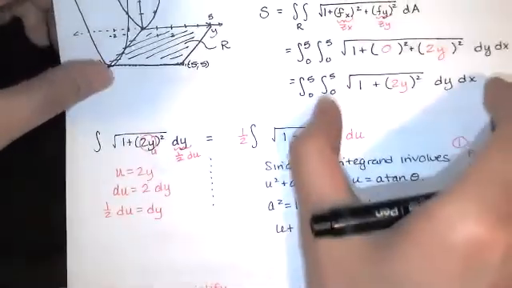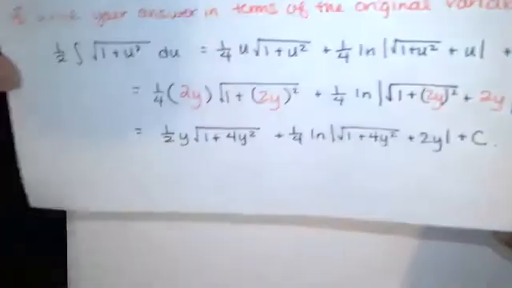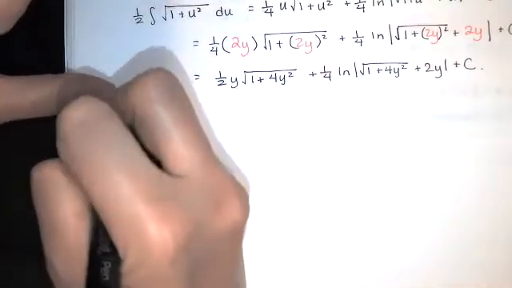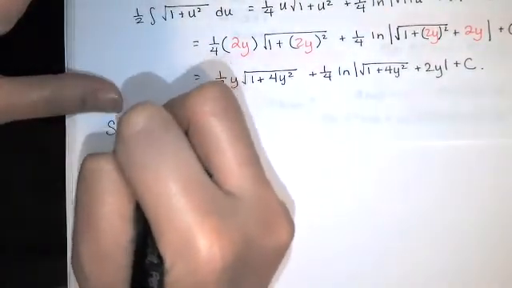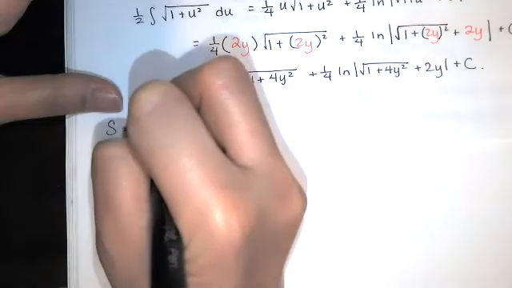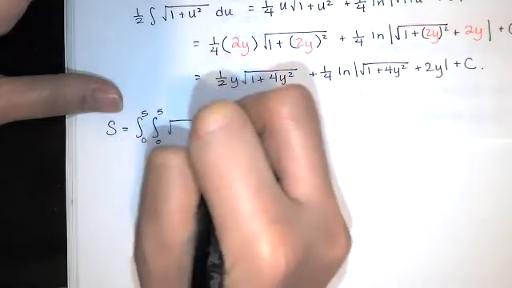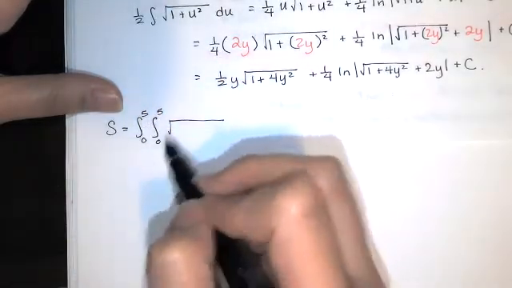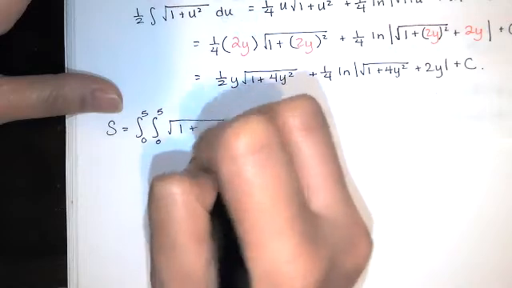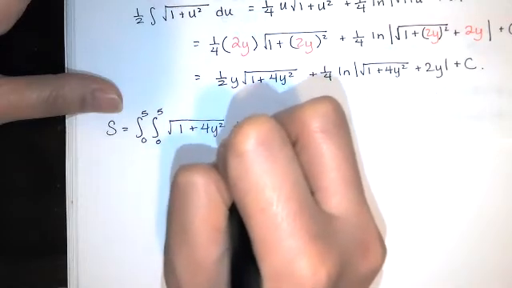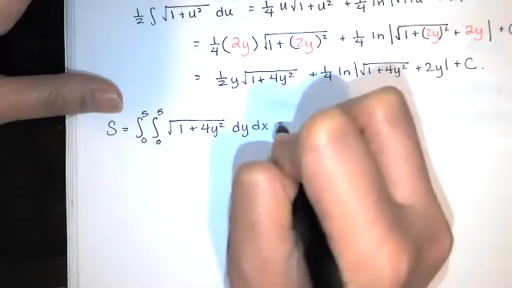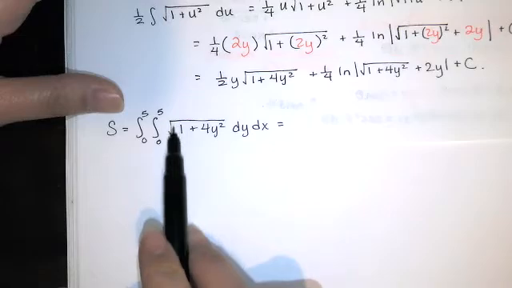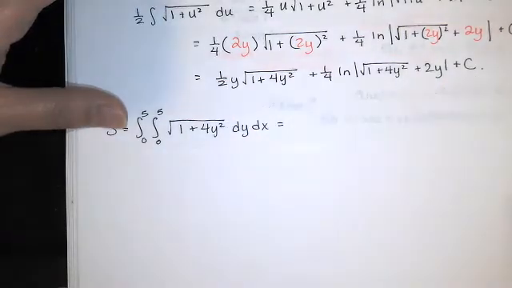And now we want to go back up here to our surface area integral finally. So we're going to substitute again. Surface area is the integral from 0 to 5 of the integral from 0 to 5 of the square root of 1 plus 4y squared dy dx. The antiderivative of this function is right here, but we don't need the plus c.